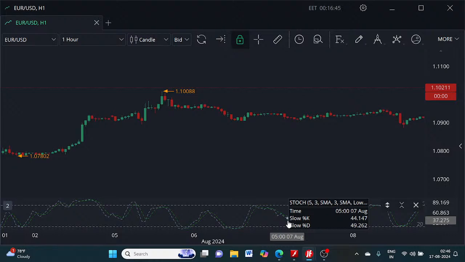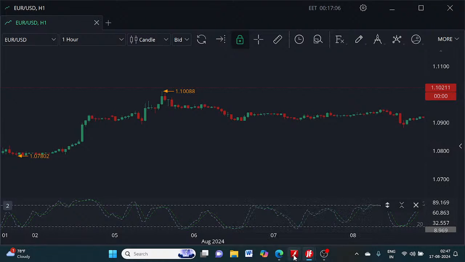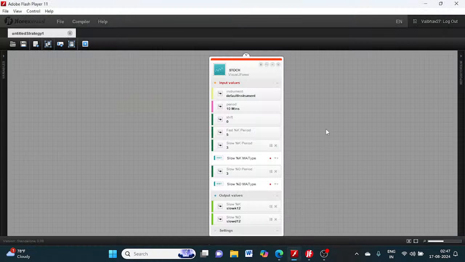And I feel with the paucity of time, we are not really going to be able to develop the algorithm in a single session. And today, I will limit the session to where we have considered the basic properties of the stochastic indicator and its representative block on the Visual JForex platform.